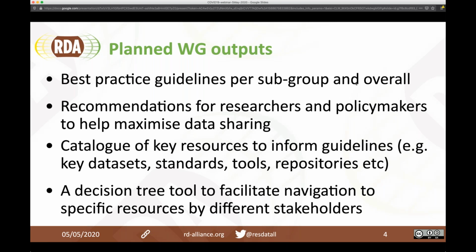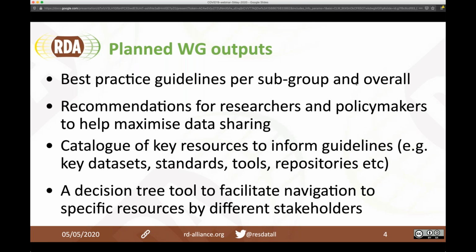The plan is to have a best practice guideline with sections for each of the subgroups, which we'll hear updates on shortly. The recommendations will address researchers and policymakers, as well as many of the stakeholders in the ecosystem.